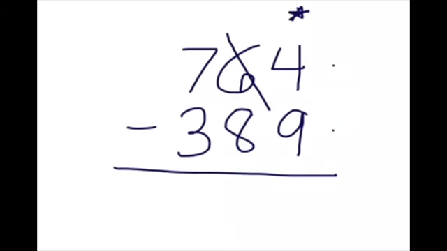I'm going to take a 10 away from that 6 and give it to the 4 to make it 14. Now that I took away a 10 from 6, I now have 5. 6 minus 1 is 5. Now I can subtract the ones place. What's 14 minus 9? I should have gotten 5.